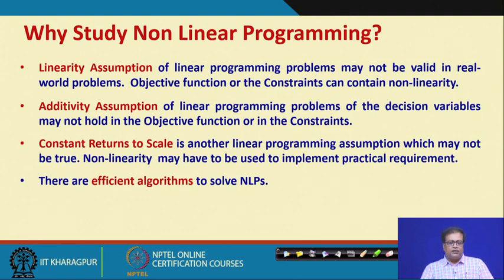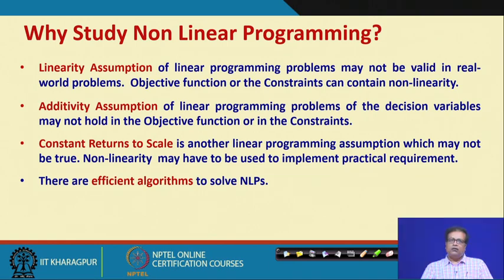Then there could be constant returns to scale. When we write the objective function, we write maximize z equal to, say, x1 plus x2. The inherent assumption here is that the profit per unit is constant, so the profit of 5 units will be 5 if 1 unit is 1.